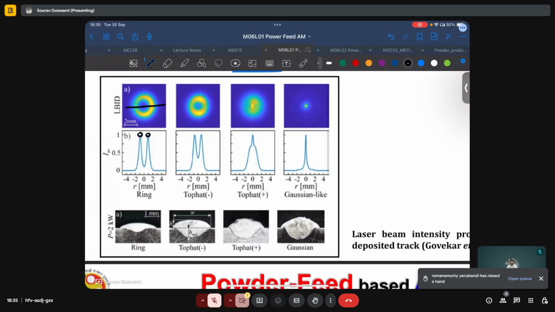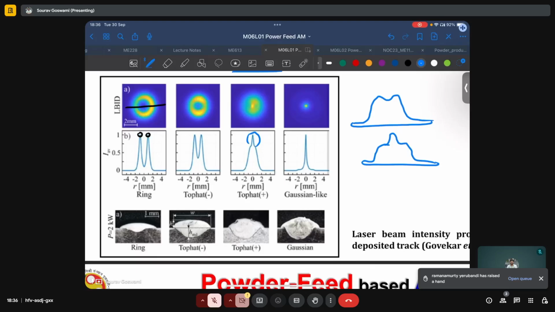Or we have this top hat minus profile, which, for the sheer reason that it resembles a top hat, because now the intensity is distributed like a hat. We also have a top hat plus, where the intensity at the center is actually added to it. Then we have the Gaussian-like profile, albeit very steep.